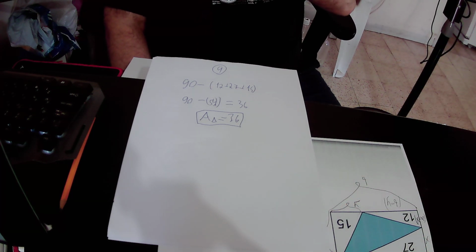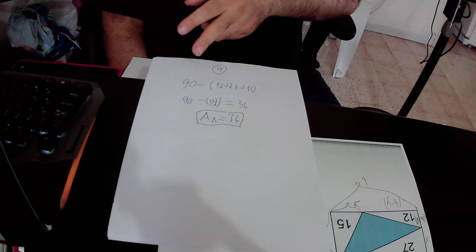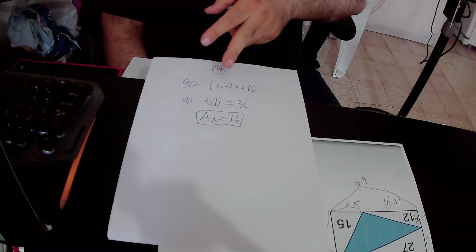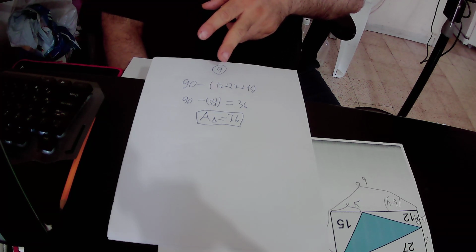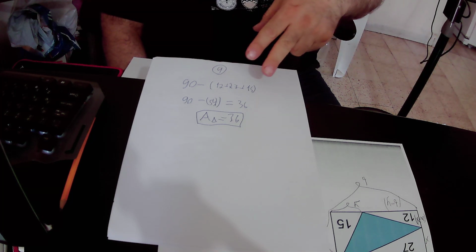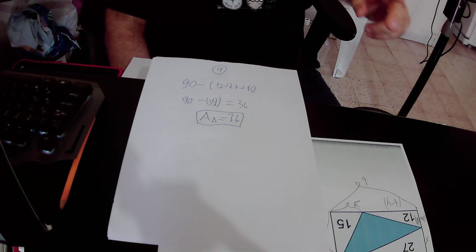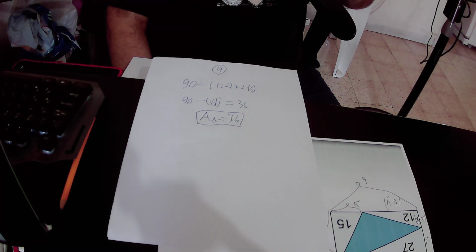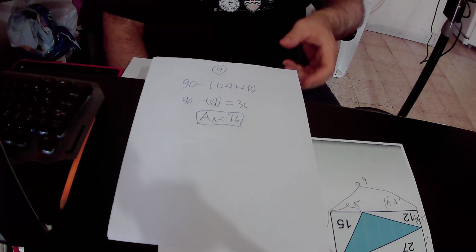So the area of the rectangle minus the area of the three right triangles is equal to 36 units. So the area of the blue triangle equals 36 units.